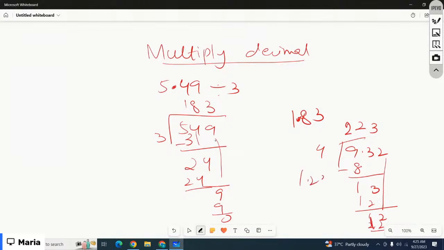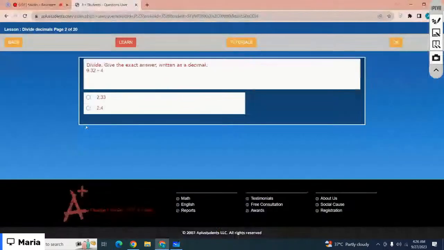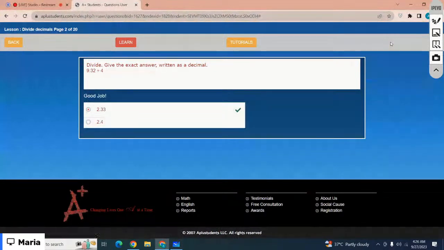So that is 2.3333. Sorry, not 1, it is 2.33, right?